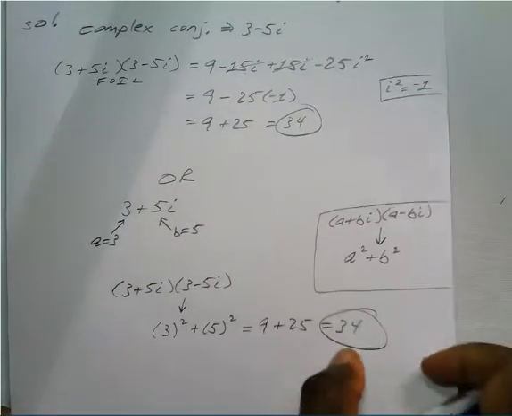Okay, so let's go to our next example, where we're going to look at dividing complex numbers. Now, there's one key thing you want to remember when dividing complex numbers.